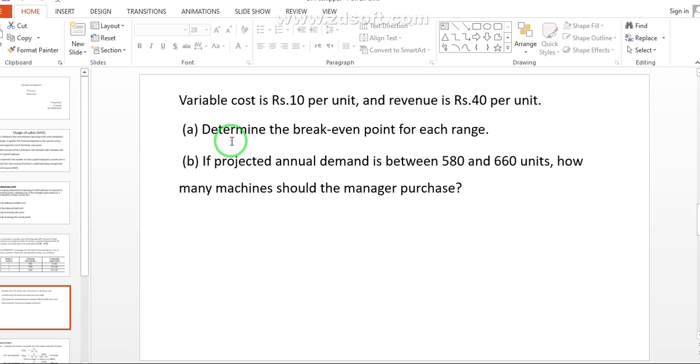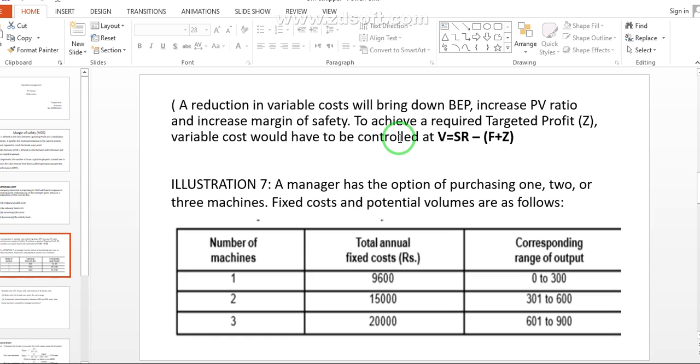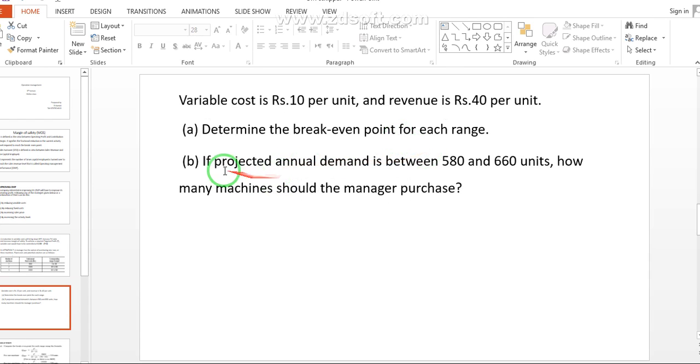We are asked to determine the break-even point for each machine respectively, and the second point is: if the projected annual demand is between 580 and 660 units, how many machines should the manager purchase? So this is the illustration and this is what they have asked.